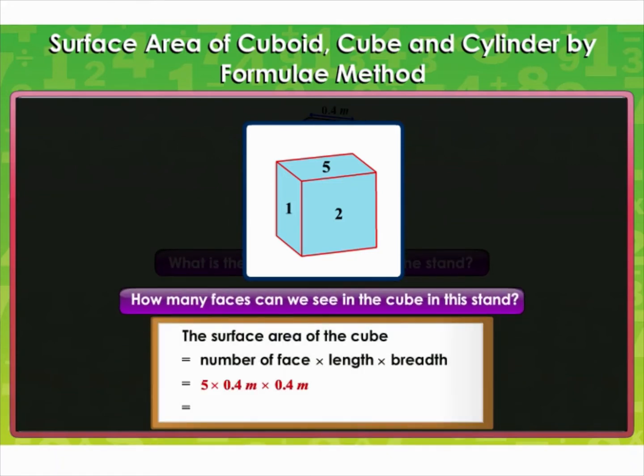Therefore, the surface area of the cube in this 3D composite shape is 5 into length into breadth, which gives us 0.8 square meters.